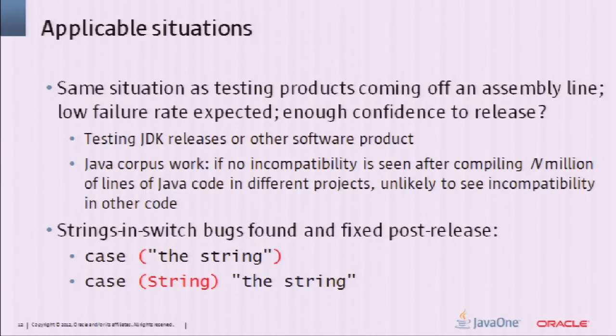However, I was surprised that shortly after we shipped JDK 7, there were numerous bug reports that a case of a parenthesized string would crash the compiler. In all the code we ran past strings in switch, this sort of idiom didn't come up. And more recently, we've also fixed an explicit cast to string. So even if you have a lot of testing, you can still be surprised.